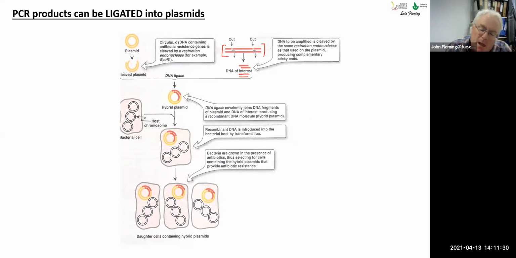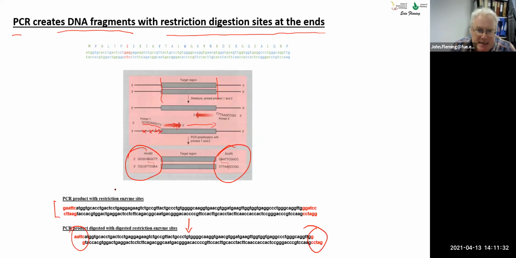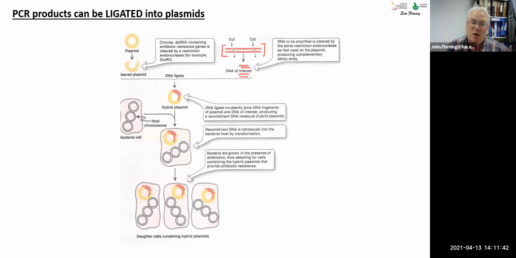Now, what we can additionally see is that if we use two different restriction sites, in this case HindIII and down here EcoRI, it means that when we want to take this DNA of interest and clone it into a plasmid that has been prepared using the same combination of restriction enzymes, we can get that DNA fragment to go in a specific direction.